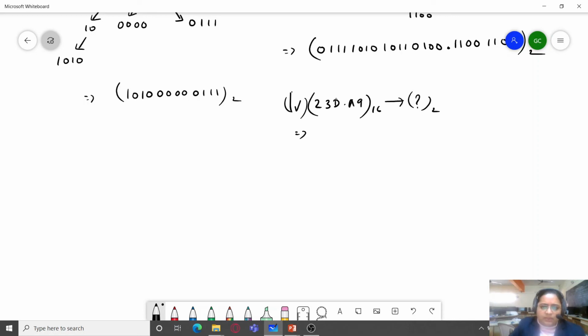So how to convert this? We will again write it in this form. So D is 13, which is 1101.